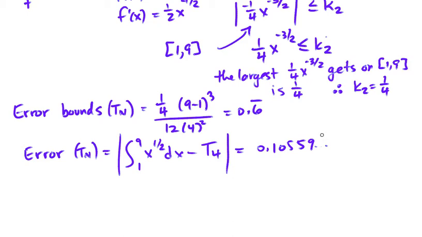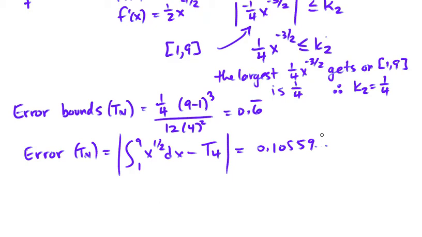And you can see that the actual error is quite a bit less than the error bound. And the error bound was the maximum amount we thought that this was going to be off by. So it looks like it verified quite nicely. It turns out t sub n is not a bad way of estimating it. It's better than r sub n and l sub n, and m sub n is even better.